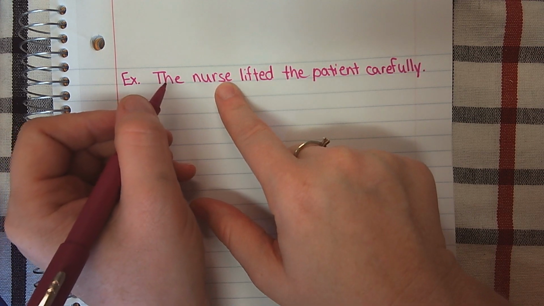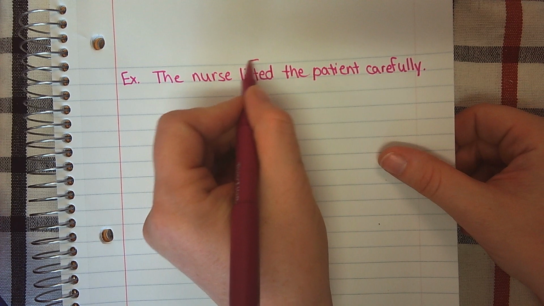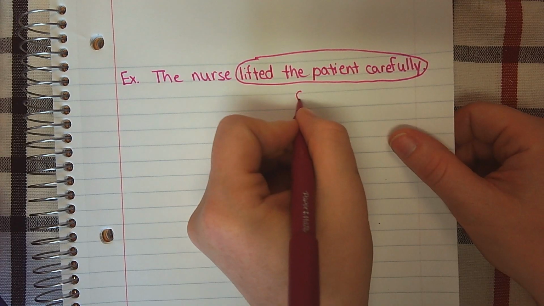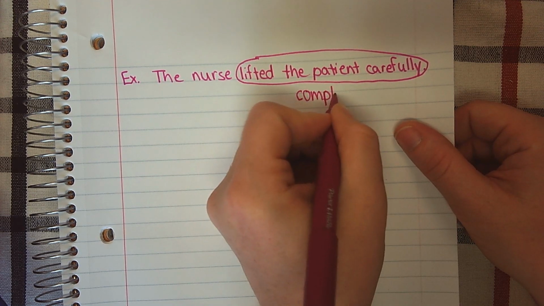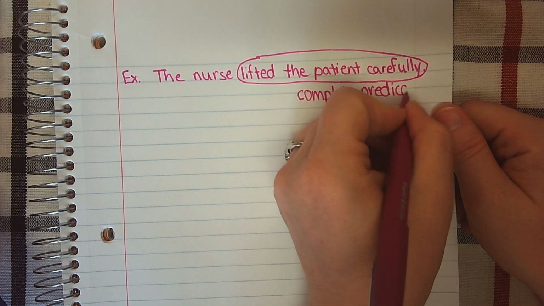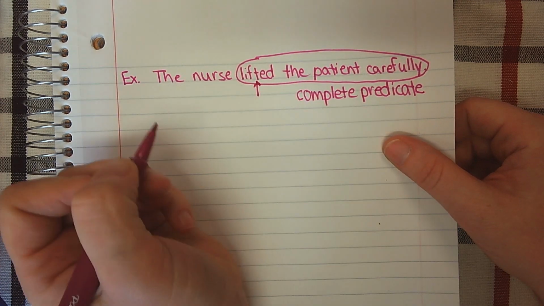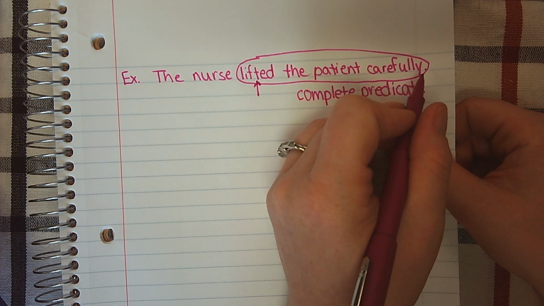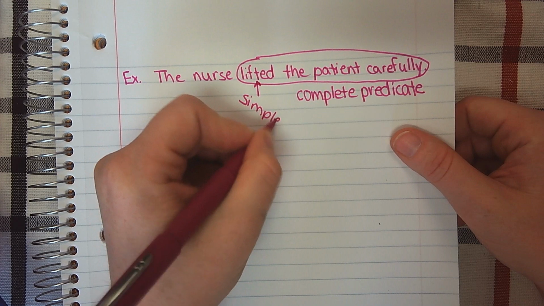So what's going on with him? Well, the nurse lifted the patient carefully. So this is our subject. And more specifically, it's our predicate. And more specifically, it's our complete predicate. The complete predicate includes the verb, which is lifted, and then all the words that go with it, the patient carefully. Now, the verb alone is called our simple predicate.